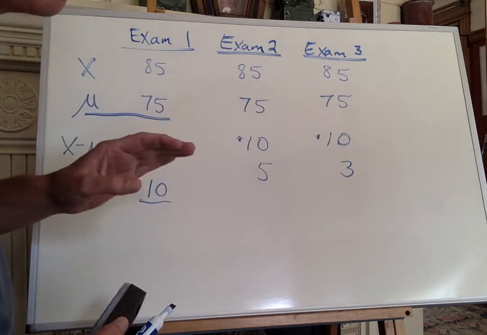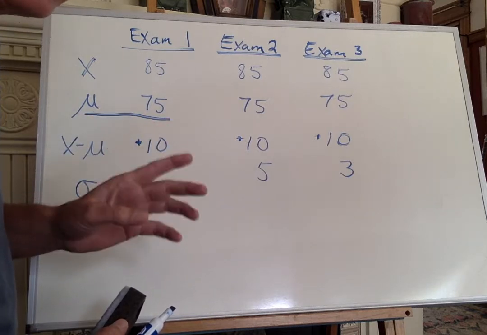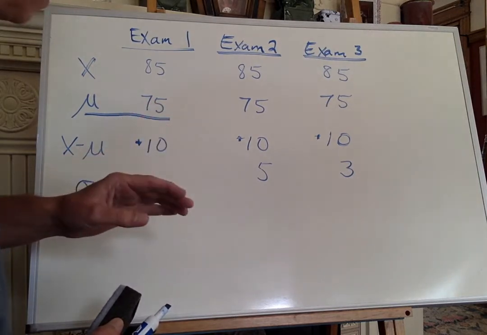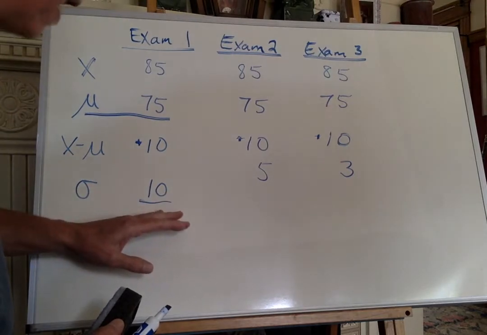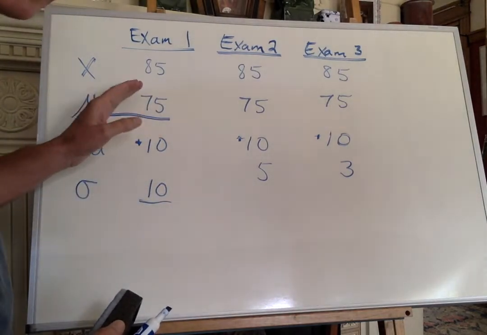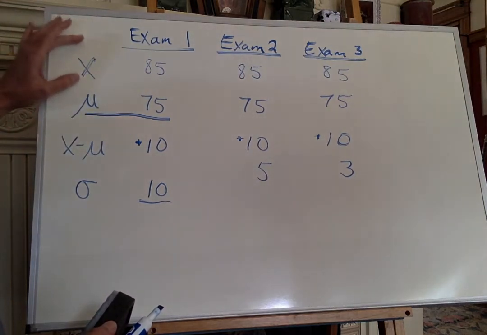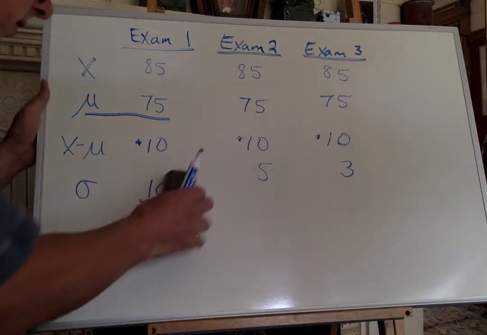So let's draw a graphic representation of that to see if this helps us with our understanding that knowing the standard deviation, in addition to knowing the average, will help us in understanding how well or how poorly this person performed. Okay, so let's take a look.